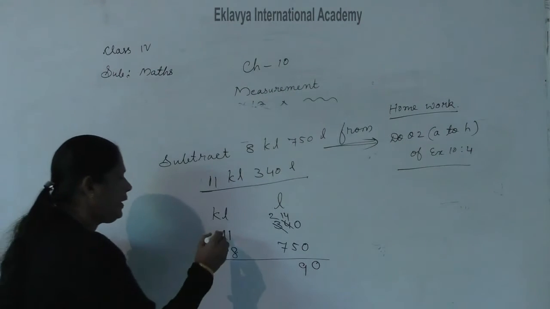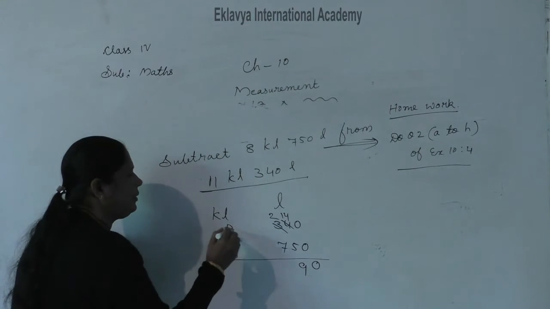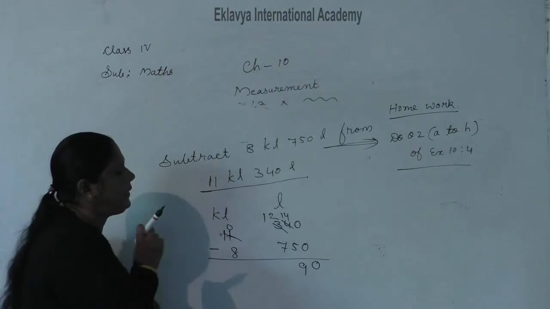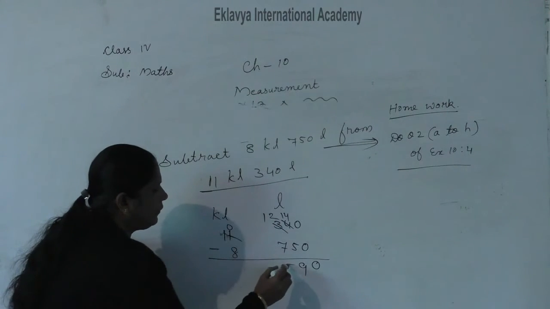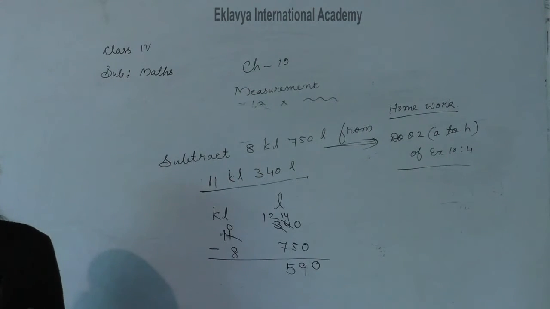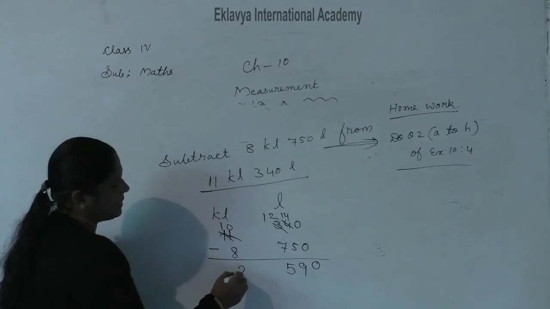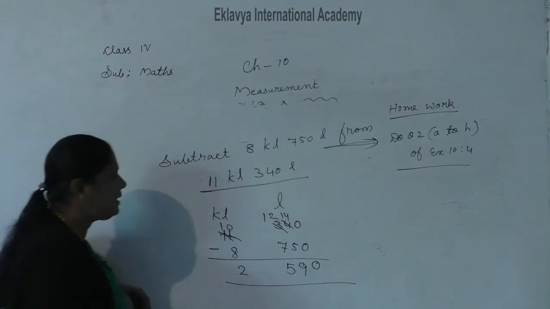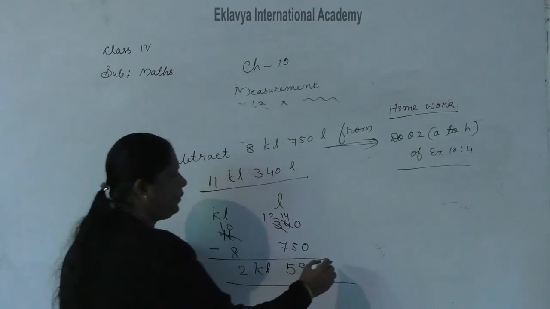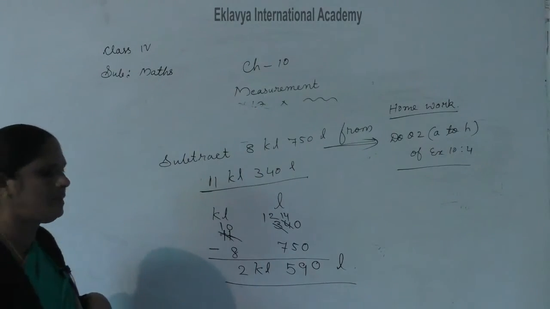No. You take borrow this. This cut 0, then here 12. Now 7 take away from 12, you get 5. Then 8 take away from 0, this is possible? No. This cut 10. Now your answer is 2. Answer is 2 kiloliter 340 liter. Understand how to subtract this number?